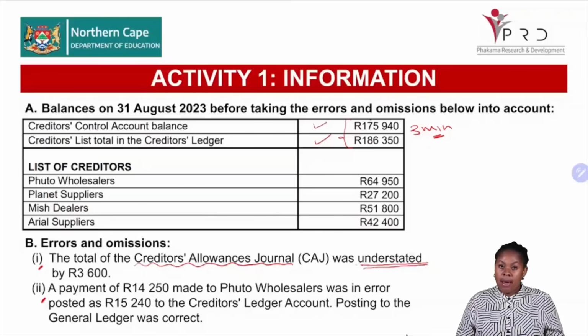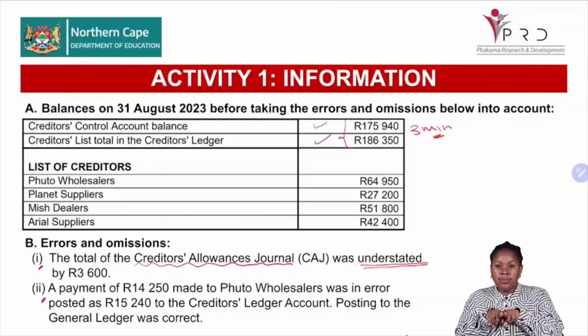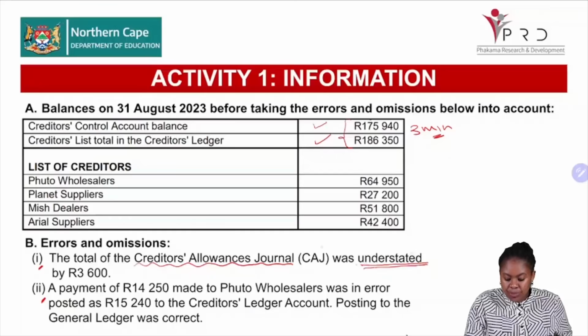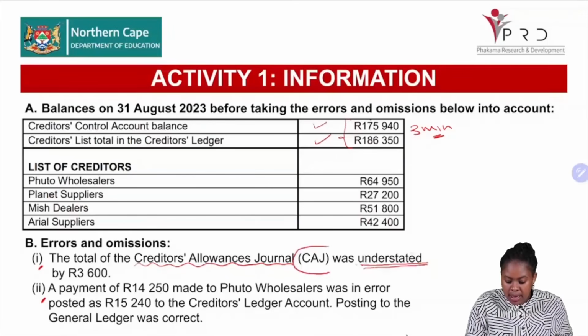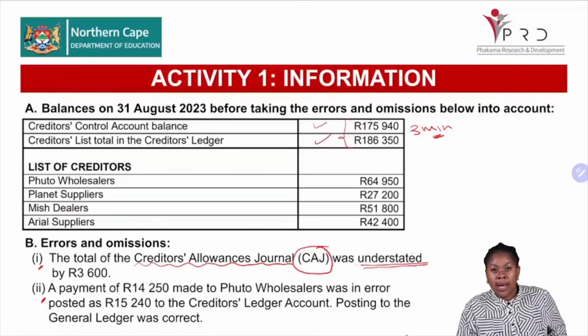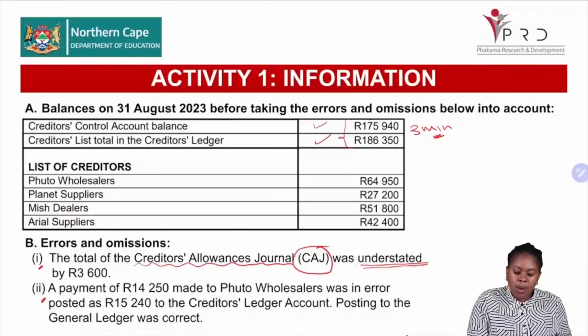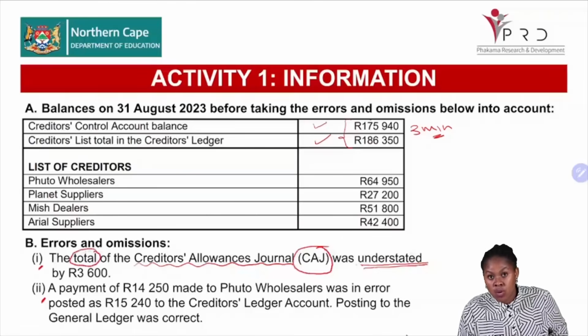Is the error on the list, or is it on the creditors control, or is it both of them that are affected? Now we are going to indicate this in our control account, because when there is a problem with the total, then it's only affecting the control account.